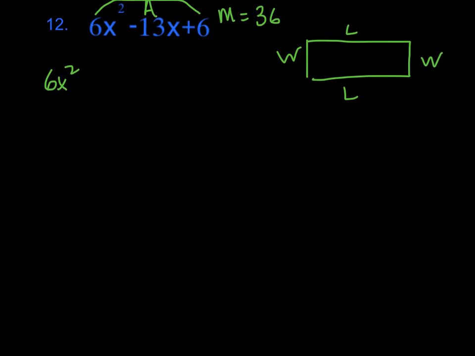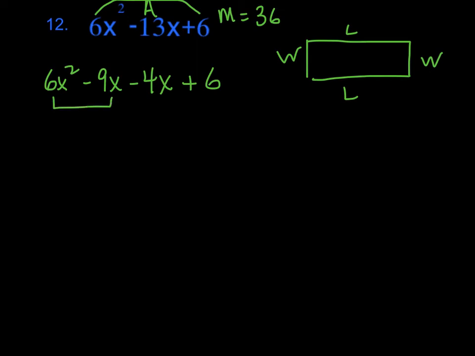What multiplies to 36 and adds to negative 13? That would be a negative 9x and a negative 4x. When I add these two numbers, I get negative 13x, and if I multiply them, I get a positive 36. Okay, and let's bring down that last term.